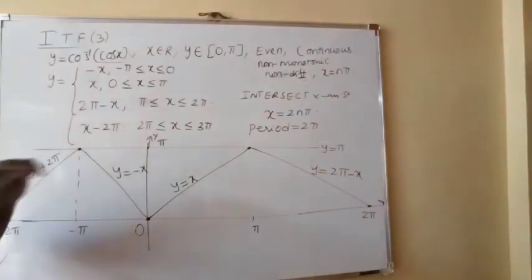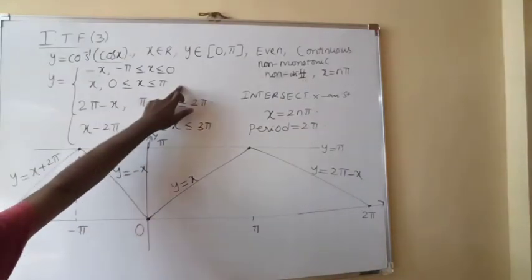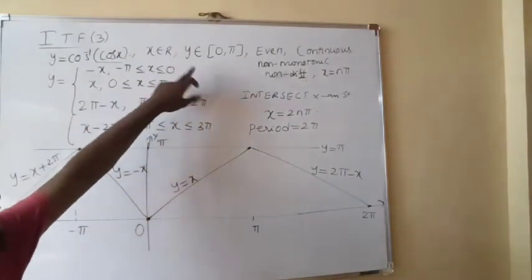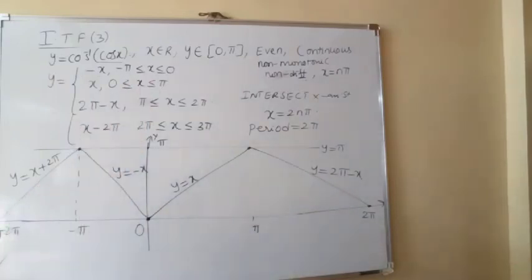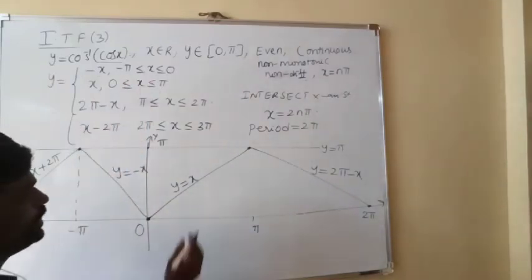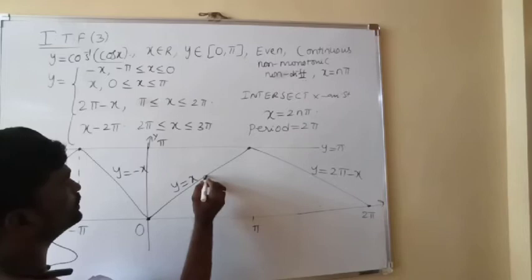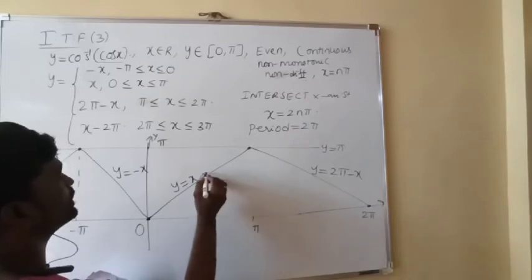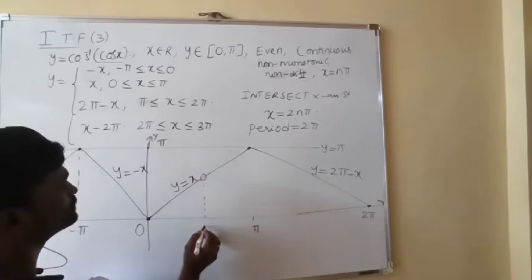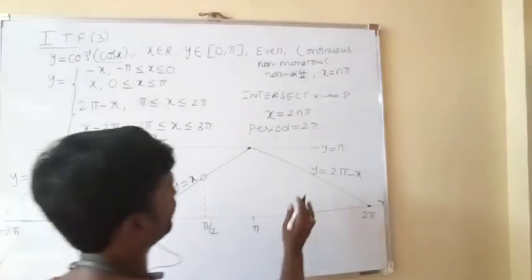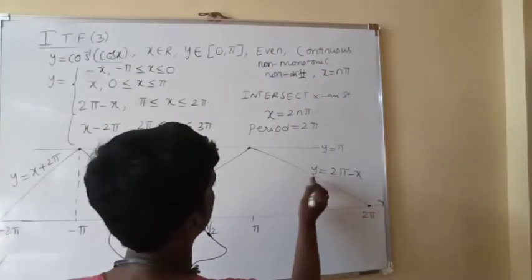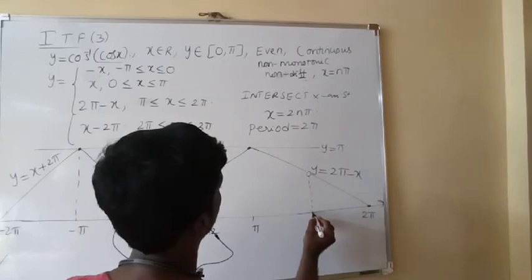It is not defined between 0 to pi at pi by 2, and between minus pi to 0 at minus pi by 2. That means at all odd multiples of pi by 2. So at exactly pi by 2 here you have to keep a circle. Between pi to 3 pi, the odd multiple of pi by 2 is 3 pi by 2.